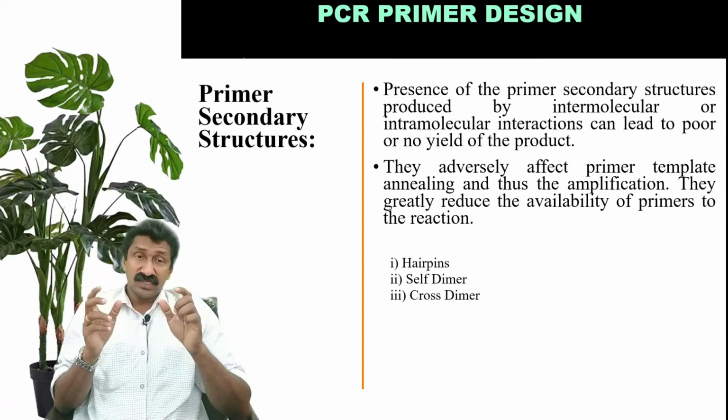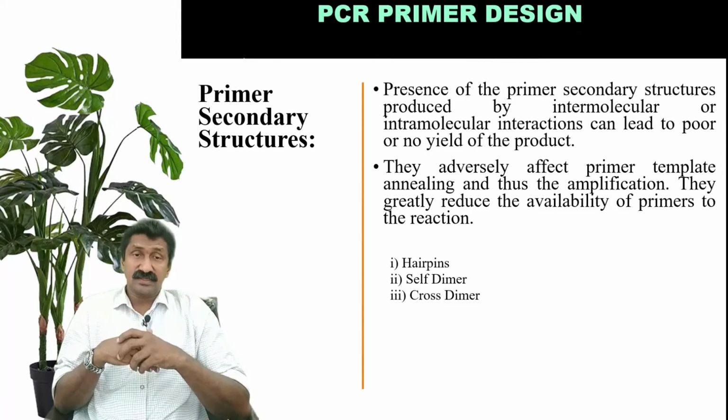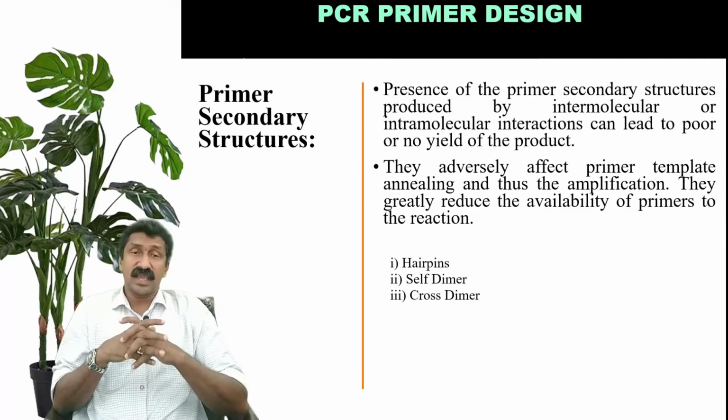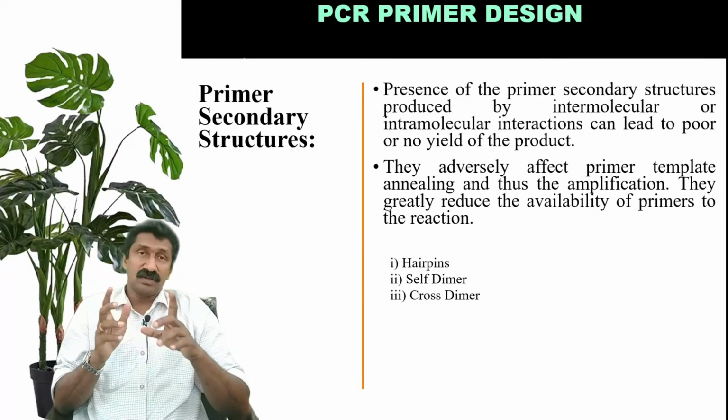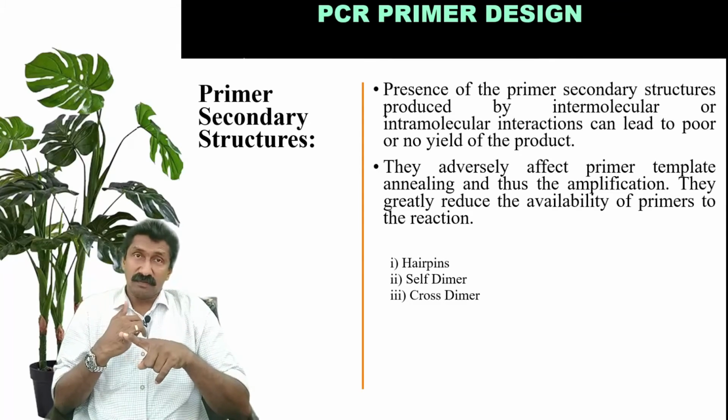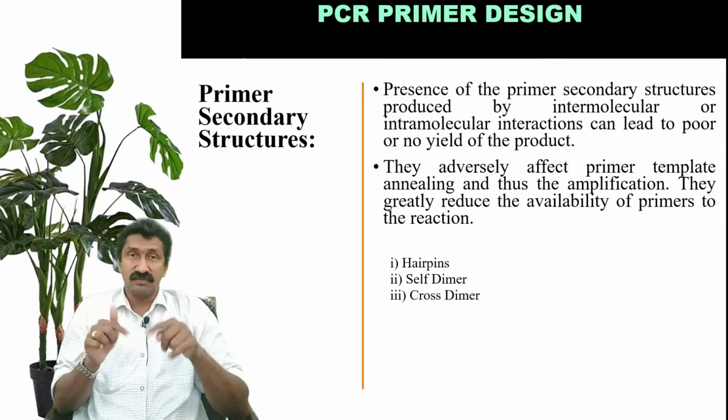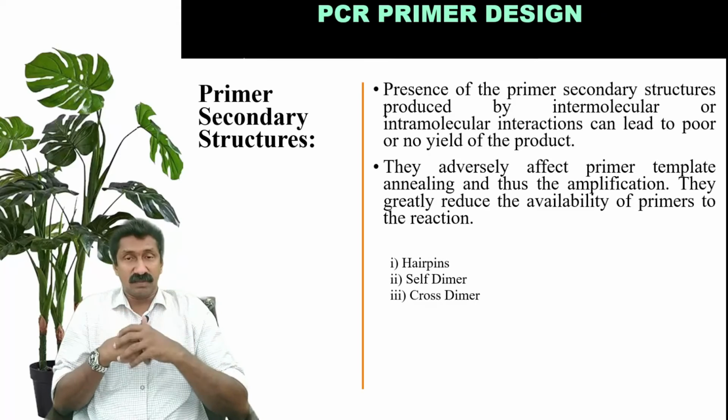They adversely affect primer-template annealing, and thus the amplification. They greatly reduce the availability of the primers to the reaction. For example, hairpin loops can form if there is self-complementarity in the primer, within the primer sequence.